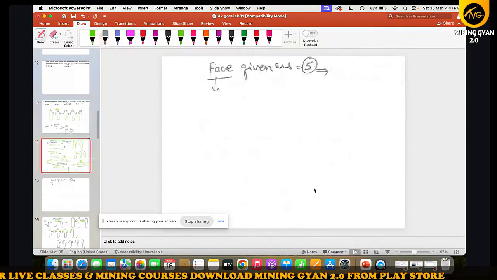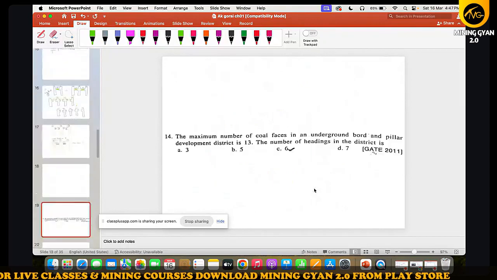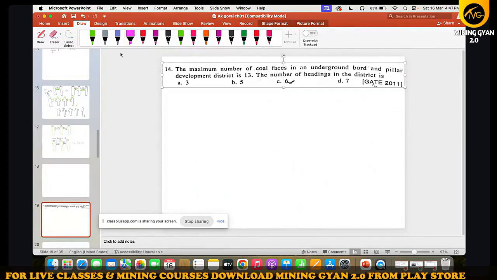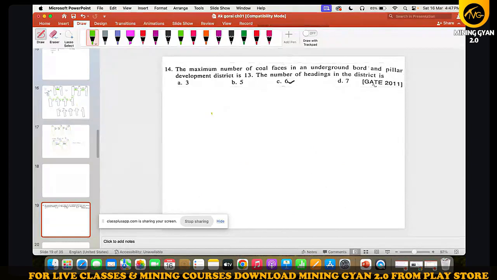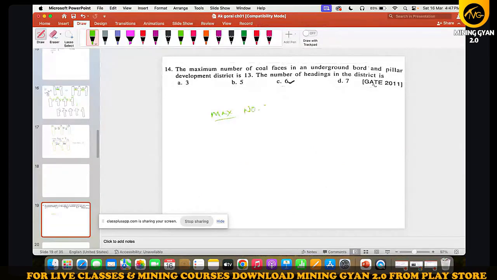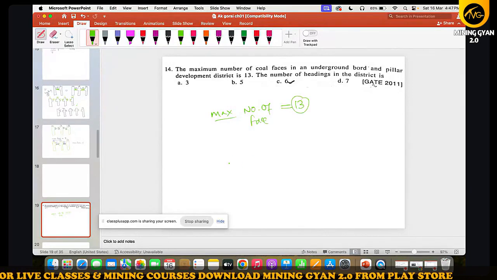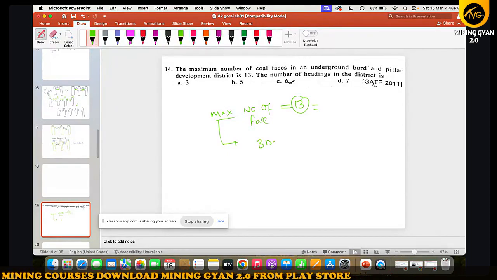Okay, in this question, if he has given us the maximum number of faces, face given 13, okay, then for the maximum face we already know that it should be 3n minus 2.